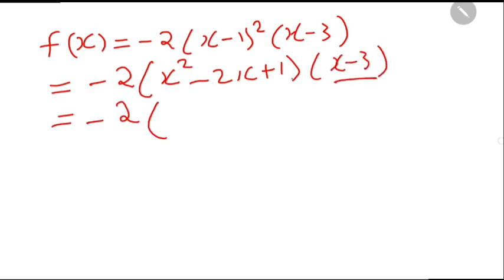I'm gonna multiply (x - 3) with this x square minus 2x plus 1. So it's gonna be x power 3 minus 3x square. First I'm gonna x multiply with x square minus 2x plus 1, then negative 3. FOIL. So I'm gonna FOIL.